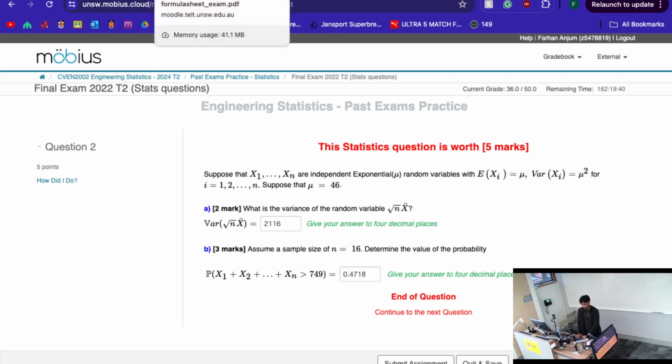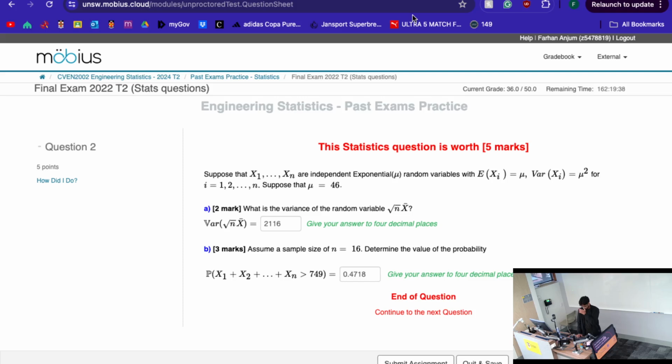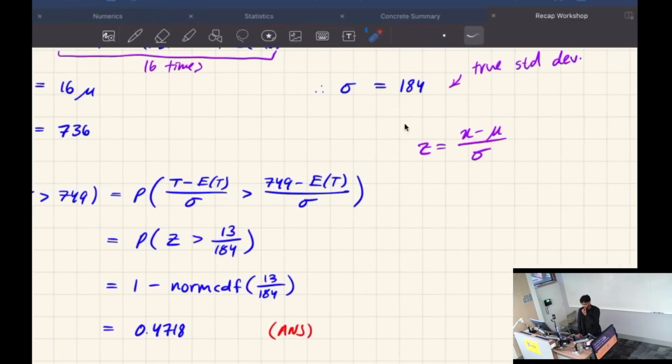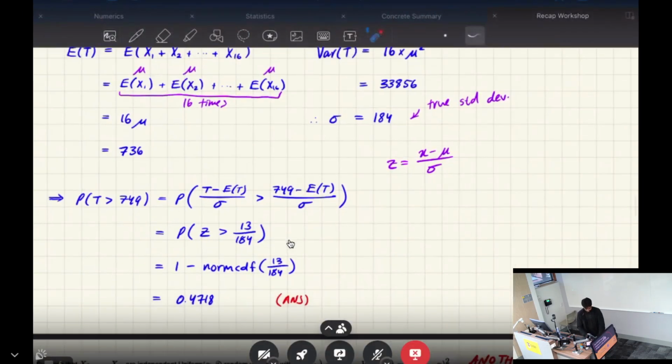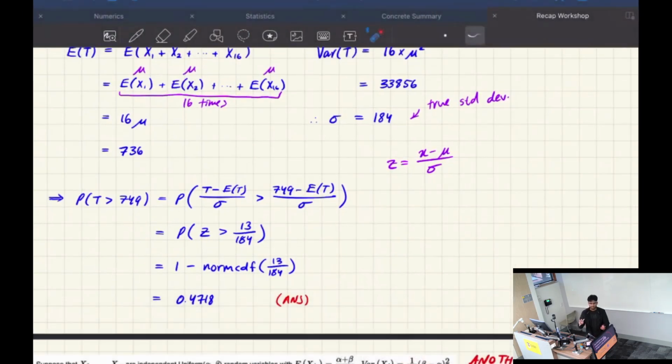Isn't exponential a form of normal? Yes, that's why norm CDF works, because normal is like a general and exponential is specific. Okay, I think the reason why it works is because we've standardized it, if that makes sense. We've used a z value to make it into a standard normal distribution.